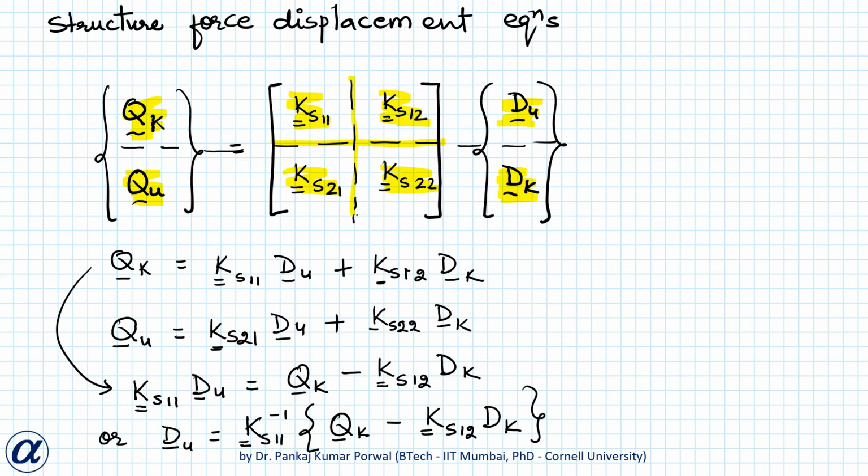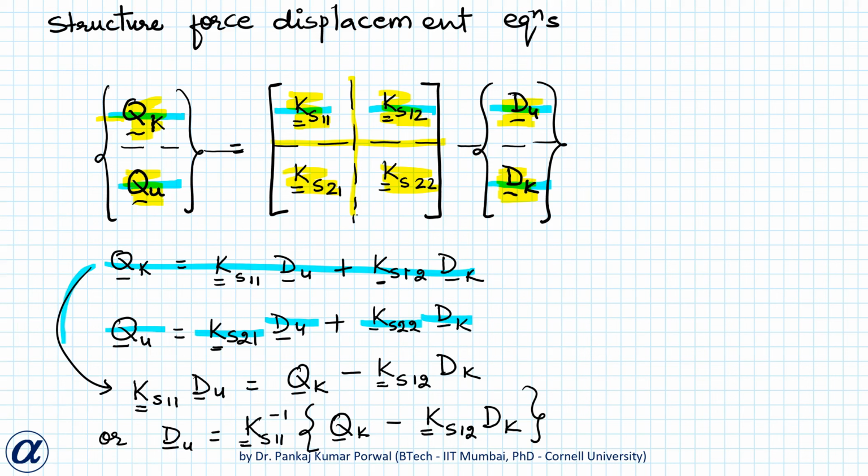And if I do the multiplication in terms of these sub vectors and sub matrices, then I get Qk equals KS11 du plus KS12 dk, that is this equation. And similarly Qu I get as KS21 du plus KS22 dk.